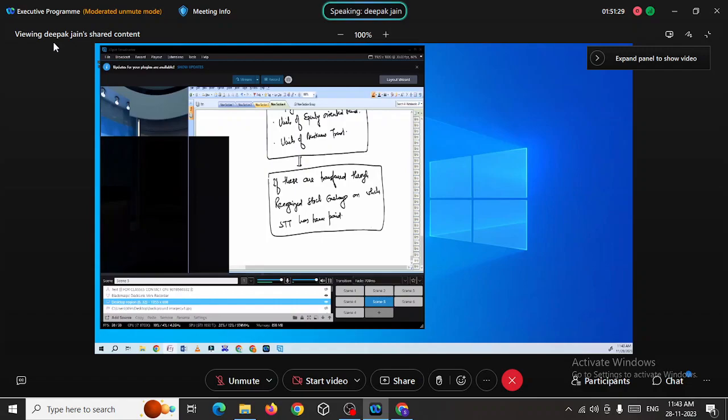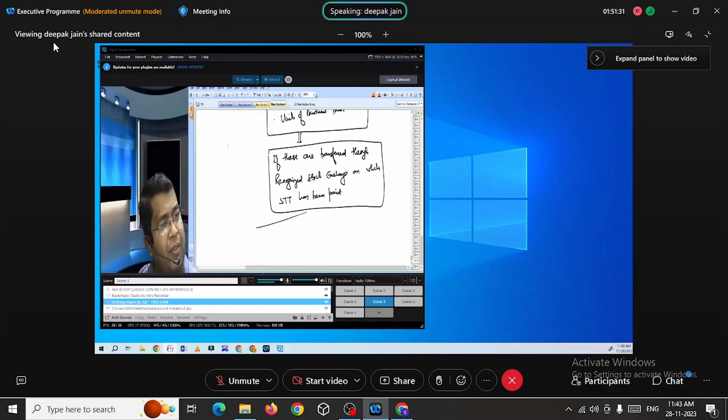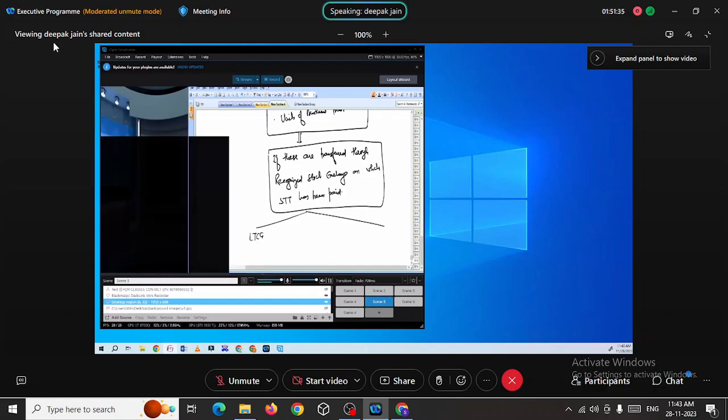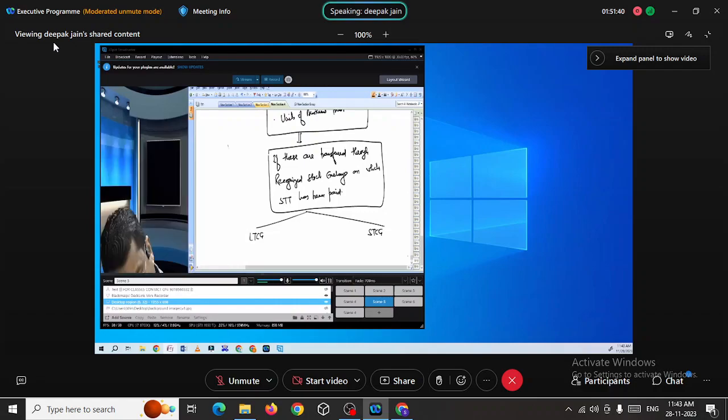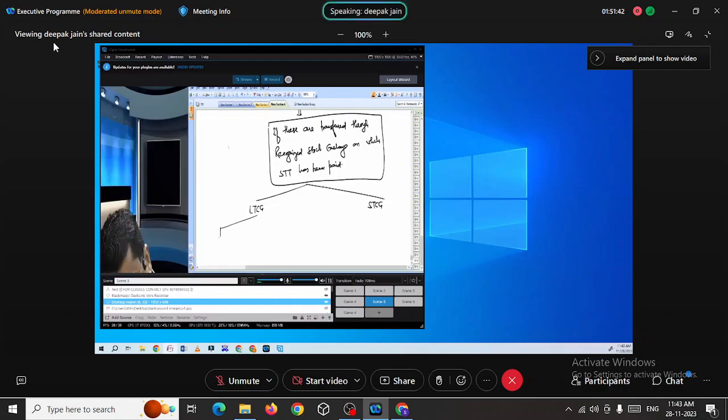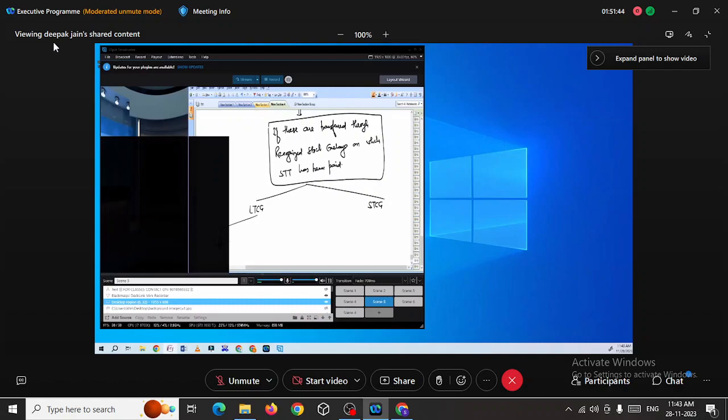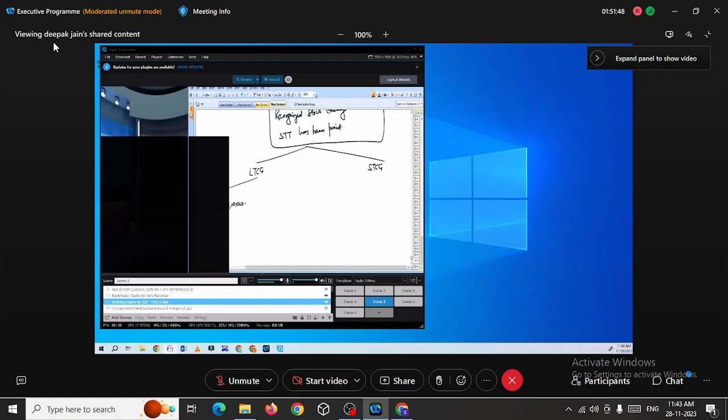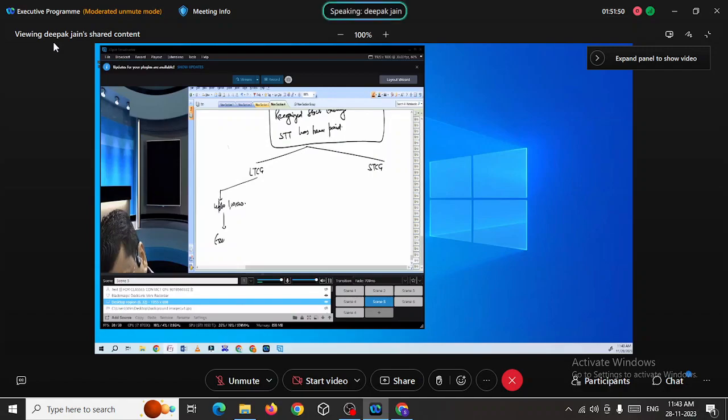So two possible scenarios may arise. Either there would be long-term capital gain, or short-term capital gain. If there is long-term capital gain up to 1 lakh, long-term capital gain is exempt.